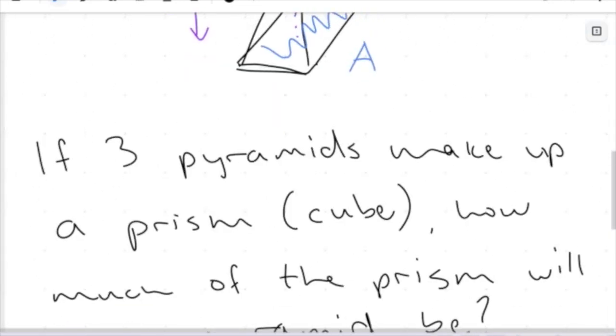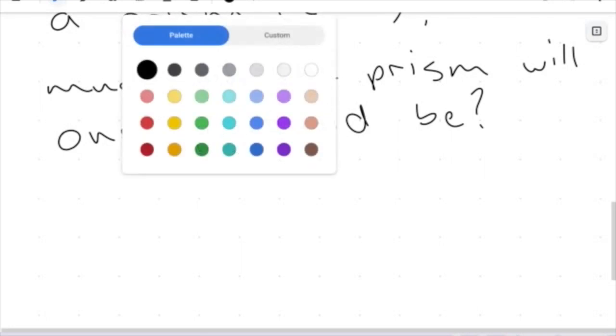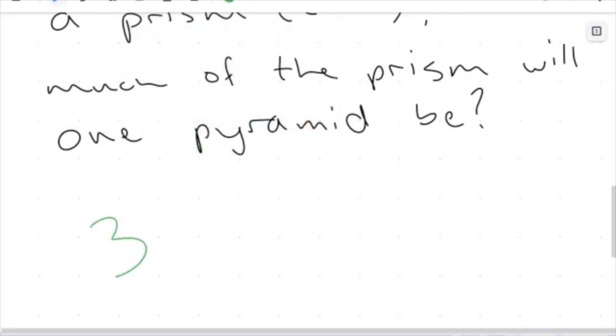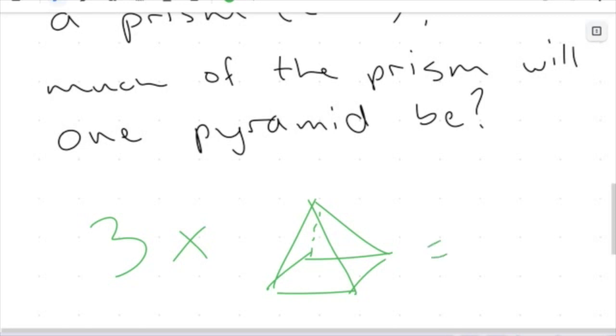Now, three lots of my pyramid here make up the volume of a prism. So the base area times the height.